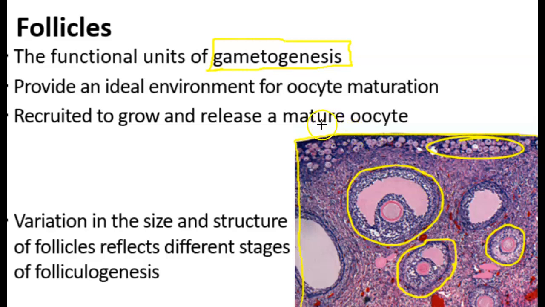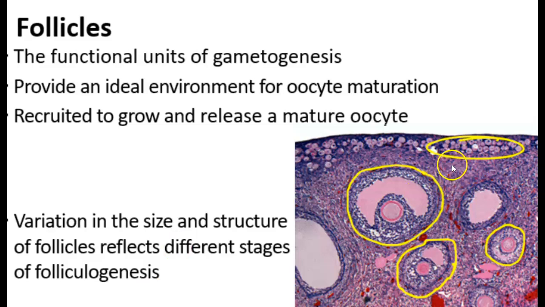And at the very periphery, you can see that they're super small. But then once mature, they become quite large, as you can see in this one right here. What they do is surround the oocyte and provide an ideal environment for the oocyte to mature.